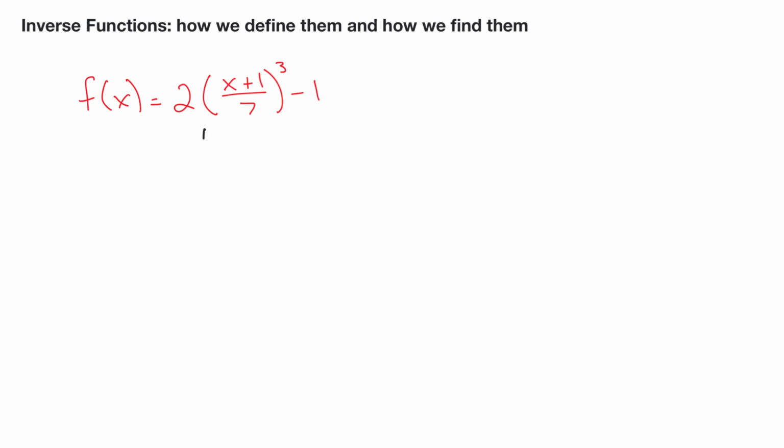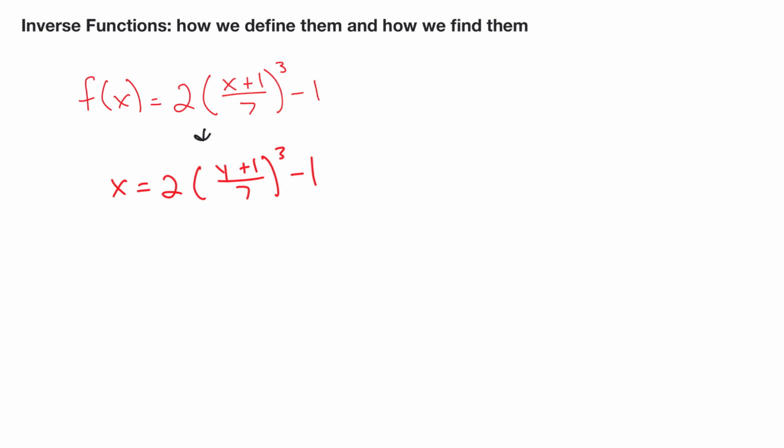So this is going to transform into x equals 2 times the quantity of y plus 1 all over 7 quantity cubed minus 1. The rest of this problem is us just trying to get that y value by itself. I want to get rid of everything on the right side of the equal sign besides the y value.